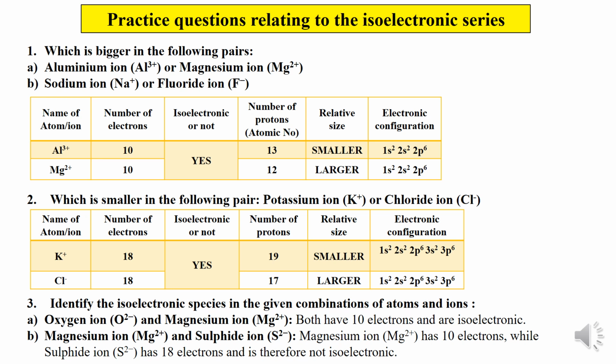Magnesium ion and sulfide ion. Magnesium ion has 10 electrons while sulfide ion has 18 electrons. Each ion has a different number of electrons, and therefore the combination is not isoelectronic.